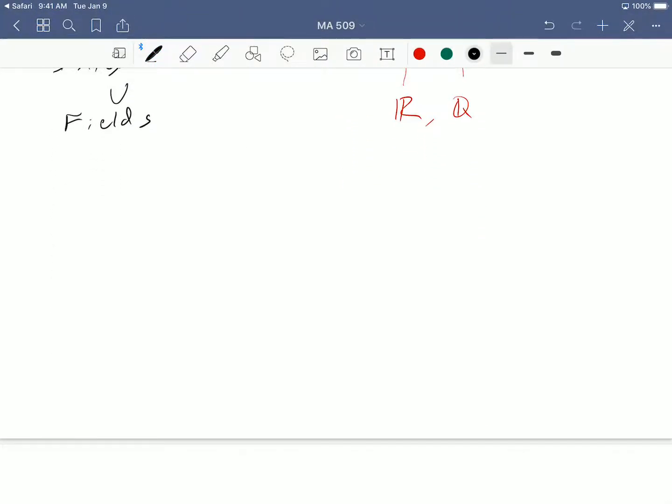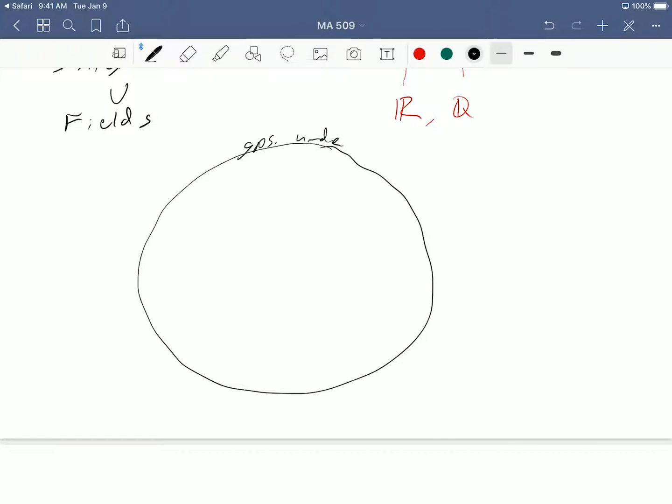I'm just going to draw one quick Venn diagram so that you have a visual for this also. So the idea here is our groups under addition, that's the big set. We add on the requirement that it be commutative, and now we get abelian groups under addition.